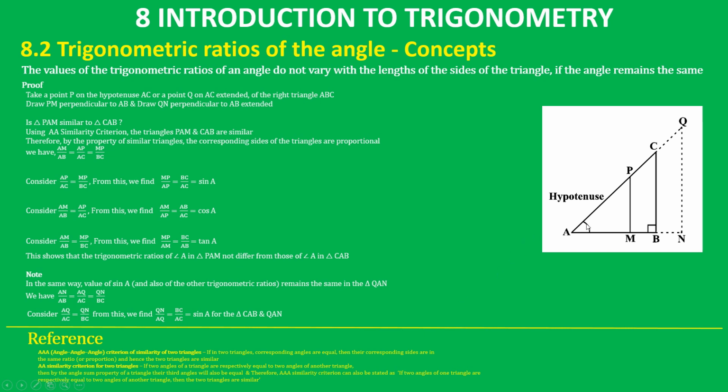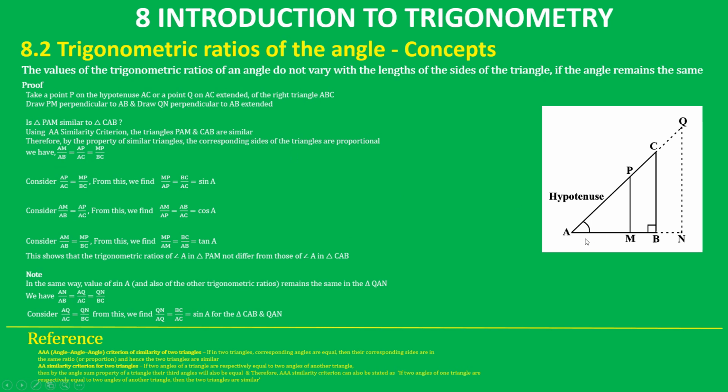That means the corresponding angles of PAM and CAB are equal, so the corresponding sides are in proportion. What do we have from this?